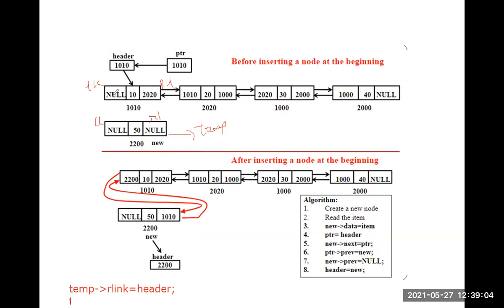Now we store the first node address in temp. So header of left link equal to temp, return temp. In this way you have to insert at the front end.